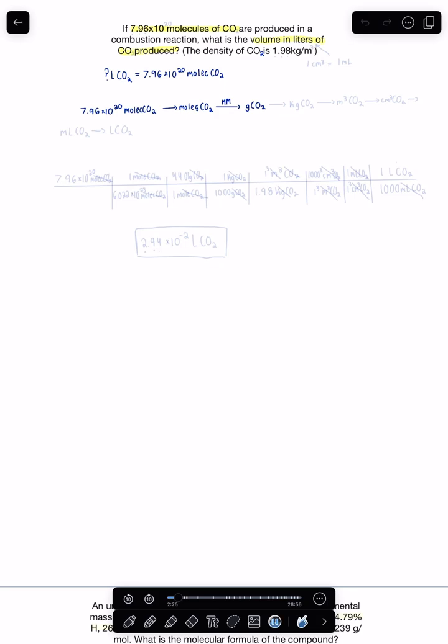And eventually we will have to use the density that is listed, the 1.98 kilograms per meters cubed. So I'm going to go ahead and convert the grams to kilograms. And then using that density equation, we're going to get into meters cubed.